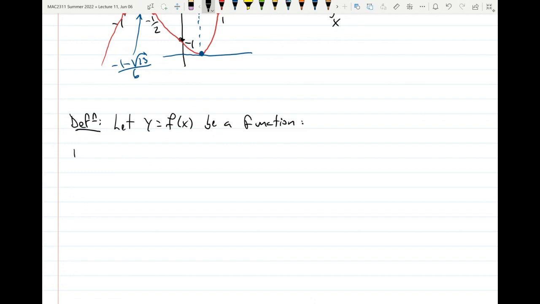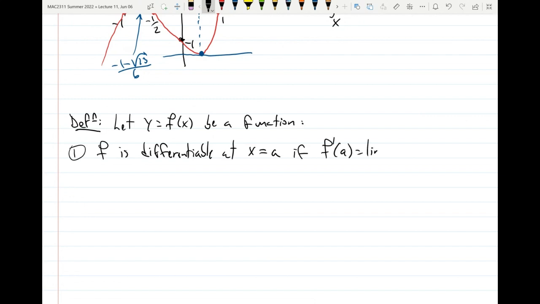Then first, f is differentiable at x equal a if f prime of a, remember that's the limit as h approaches 0 of f of a plus h minus f of a over h, exists. In other words, if the derivative exists. That's what it means to be differentiable at a.